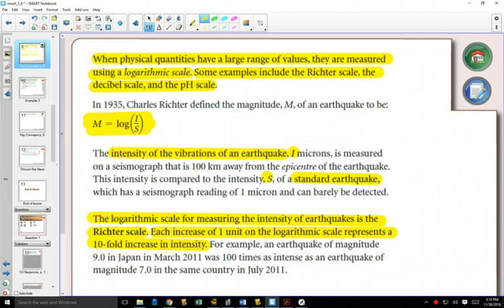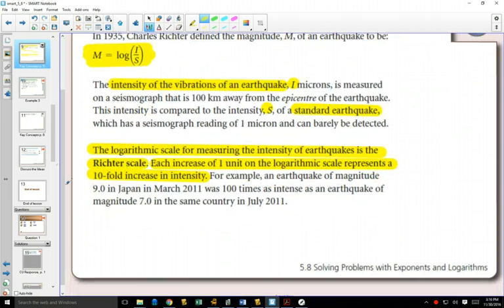So we're going to find out that when we're comparing earthquakes, we can do a shortcut. We can see how much difference there is between them. If I had an earthquake with a magnitude of 7.3, and I was comparing that to a magnitude of 5.1, what difference is there between 7.3 and 5.1?